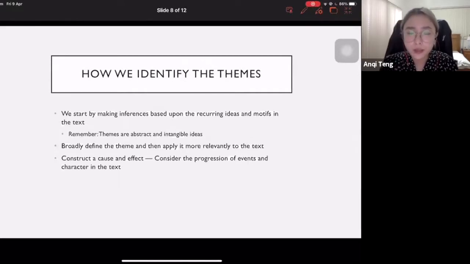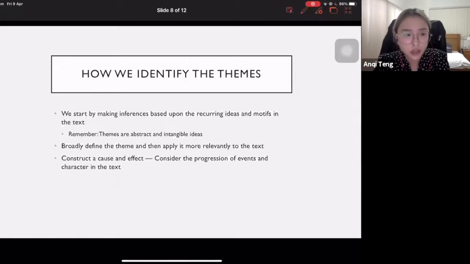Oftentimes, the character's personality before and after is a good indication of the effect of a particular theme or a particular cause. For example, those of you who have done Macbeth: at the beginning, whilst he is still power hungry and greedy for his reputation, he's not a downright evil person from the very beginning, right?